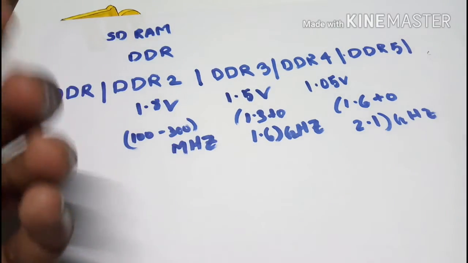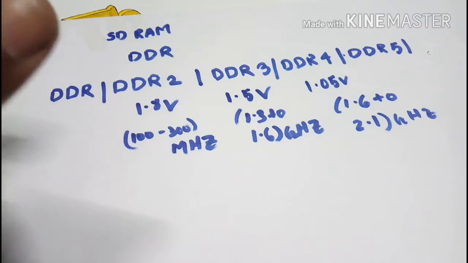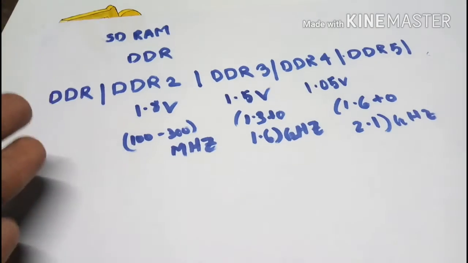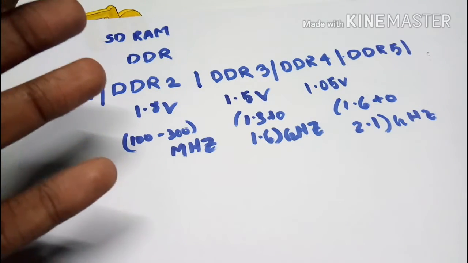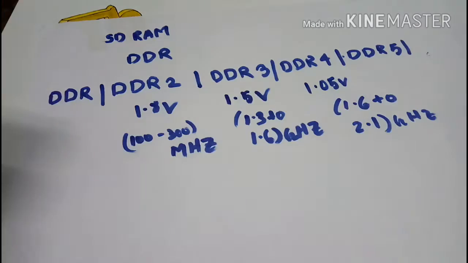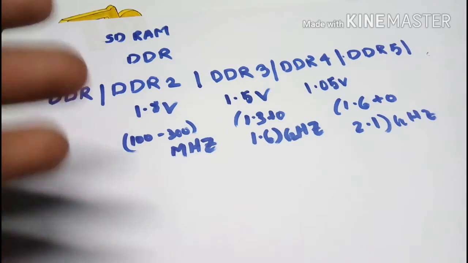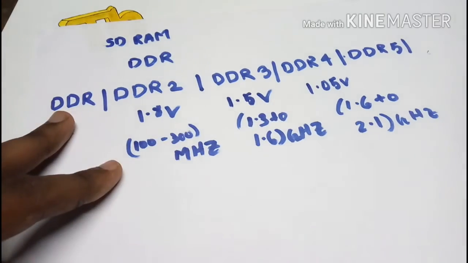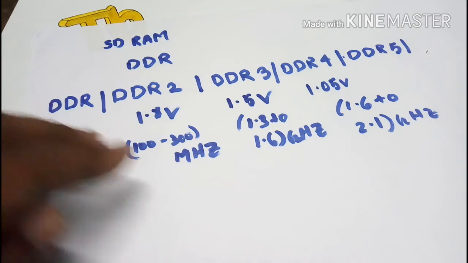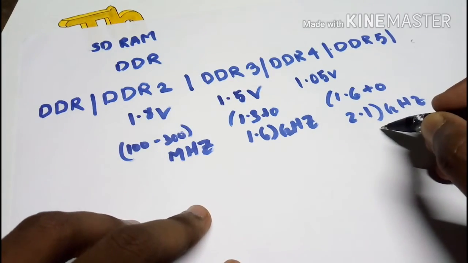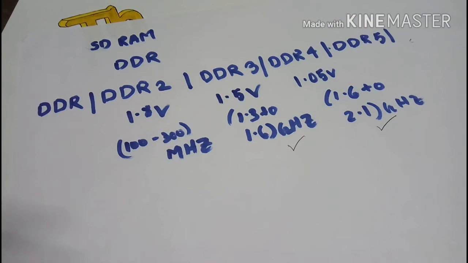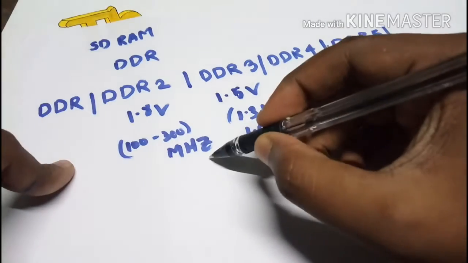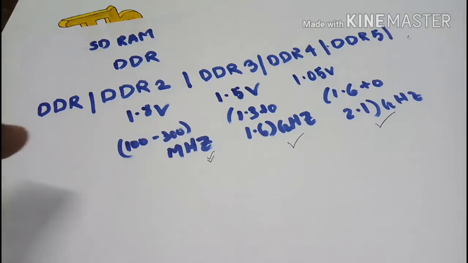If the clock speed is higher, it will process the data faster and send it at a much faster rate to the processor, and your flagship processor will process the data at a quicker rate, and you will not face any lags. So the best choice is DDR4 RAM. After that, the second choice is DDR3, and if you don't have any option and you are on a very low budget, then at last you can go for DDR2.